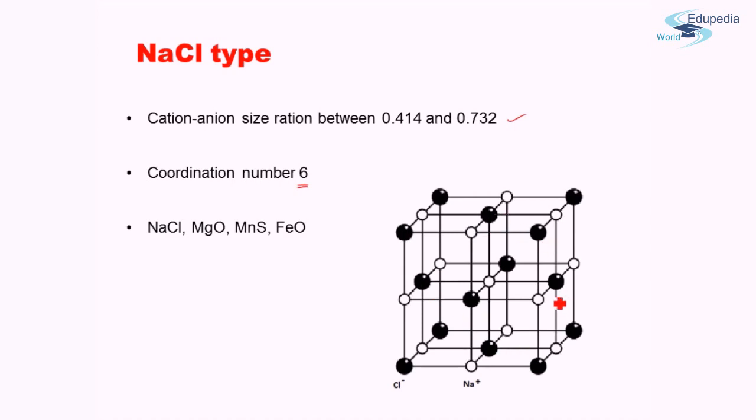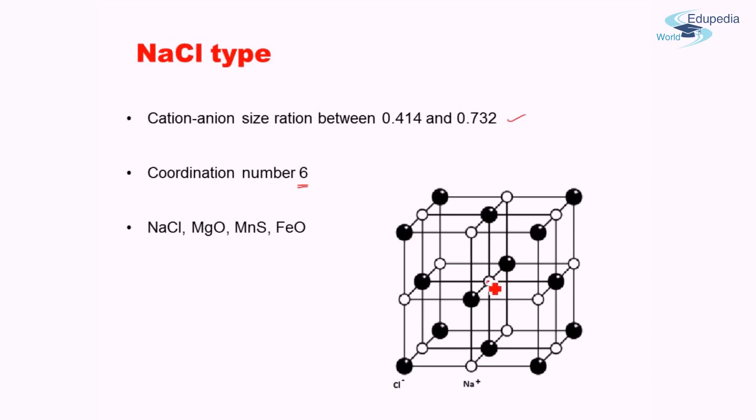So 6 face centers, 8 corners. Okay, and where do the Na+ ions go? The Na+ ions go at the edge centers, so all the edge centers, as we can see, and the body center, right?